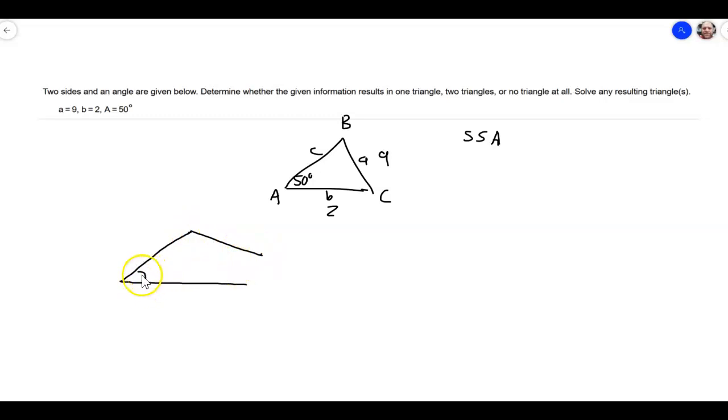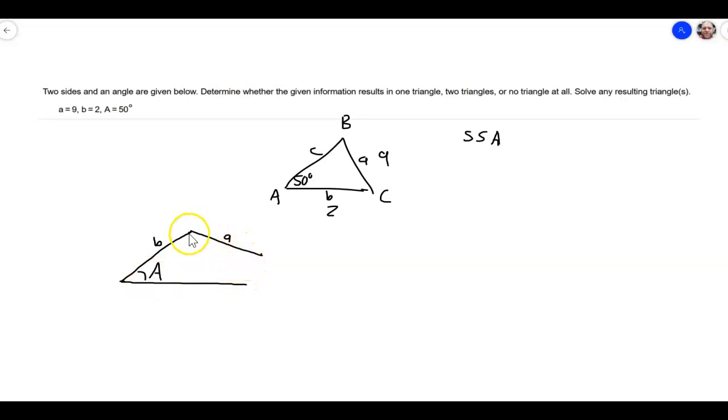We have this angle, which we'll call angle A. We'll call this side B, and this side little a. So this is our angle, this is the side opposite this angle, and this is this side here. So this is a side-side-angle triangle. Now notice this angle is not fixed because we don't know what it is, so it could be anything.